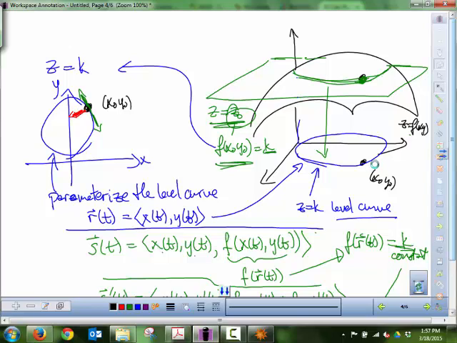How many dimensions is my gradient vector? My gradient vector is a 2-dimensional vector. So it's down here. Does it go inward or outward? Why? Because that's when you go up, right? Gradient.